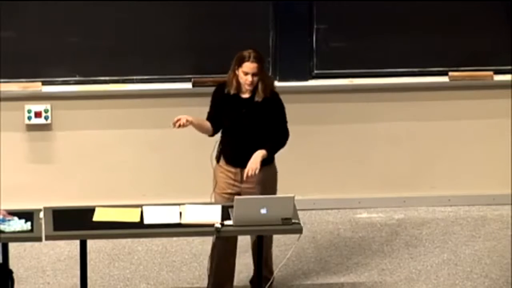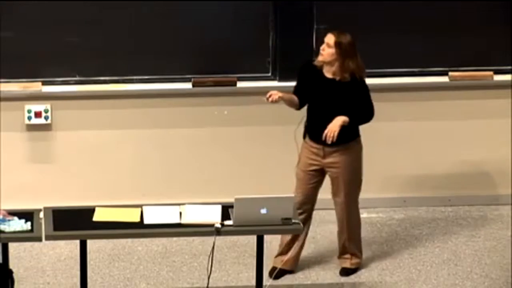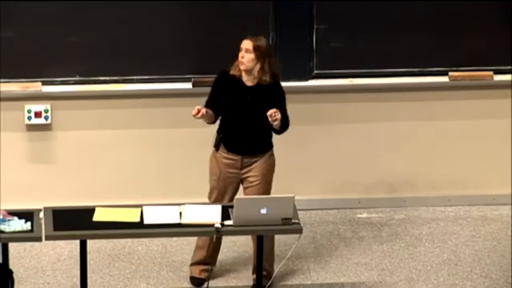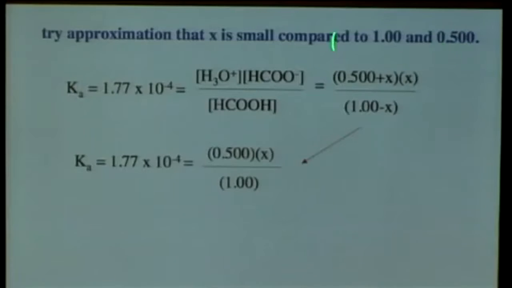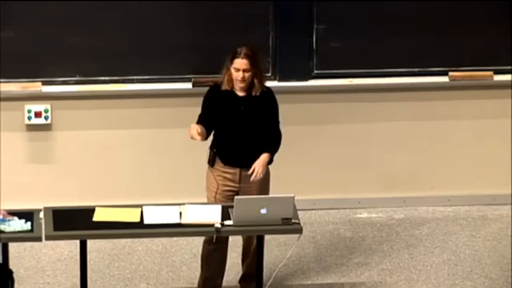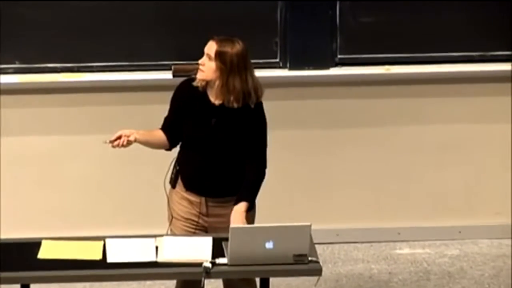All right, now this is just written again from the last slide. We can try an approximation, which is that x is small compared to 1 molar or 0.5 molar. And so we can get rid of the plus x and the minus x down here and just have the one x term, which makes it simpler to solve, but we'll have to go back and check that approximation in a few minutes.